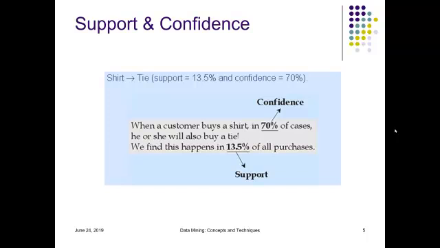When we consider the association, we filter out the transactions where shirts are available. Out of those transactions, what is the percentage of transactions having a tie? That is called confidence. So that is given as 70%.